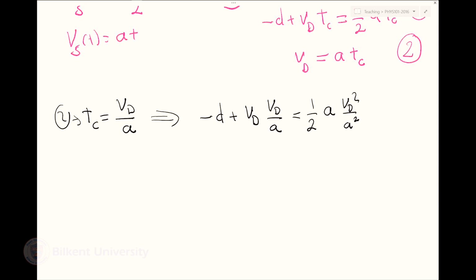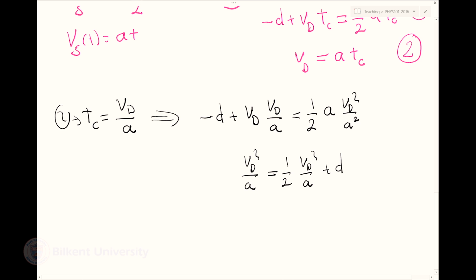Let's see what it looks like. So I have VD square over A here, 1/2 VD square over A here, plus D. What am I trying to solve for here? Acceleration, okay? The other two things, the drunk driver's velocity and the distance between the drunk driver and the sports car, are given in the problem.